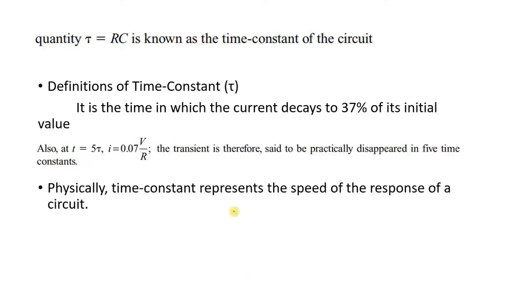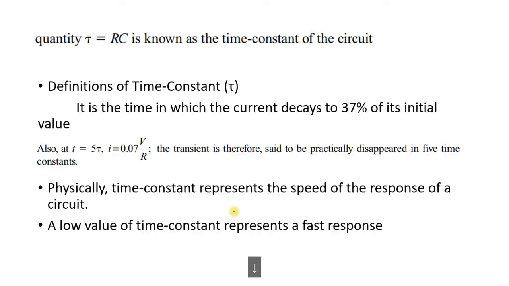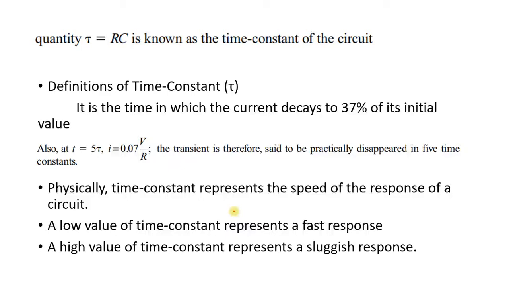Physically, this time constant represents the speed of response of a circuit. If the time constant is very low, the response of the circuit is faster. If the time constant is very high, the response of the circuit is very slow or sluggish.